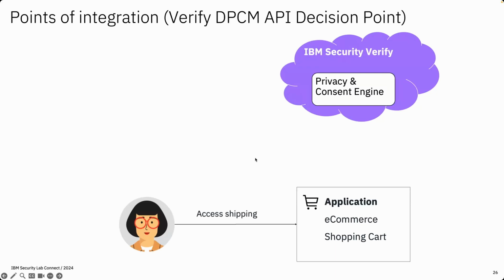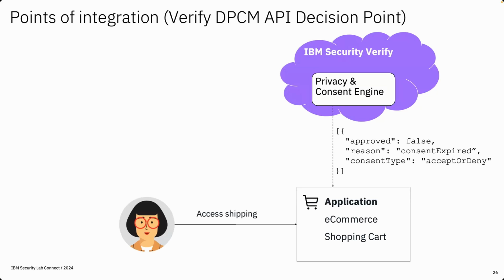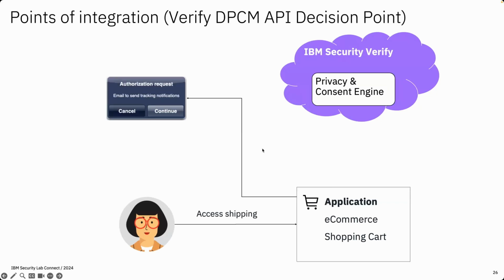So this is the second point of integration flow. There is a request by the user to log into the application. The application sends an API request to the privacy consent engine, and it says, okay, not approved. Then the application, since it controls the user experience, sends a nice request for authorization. The user approves it or denies it.